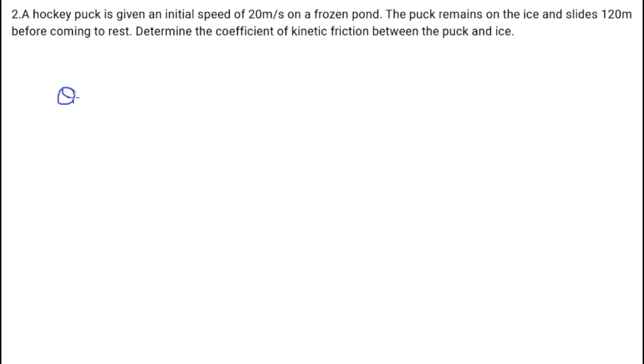The puck is like a ball. It's given an initial velocity of 20 meters per second. U is the initial velocity on a frozen pond, and it then travels a distance of 120 meters.